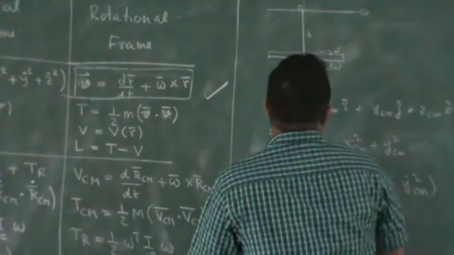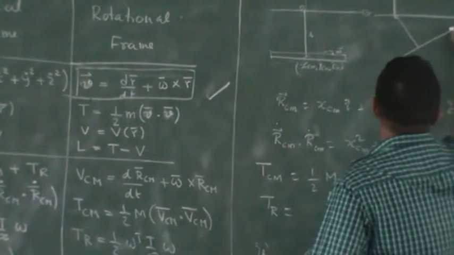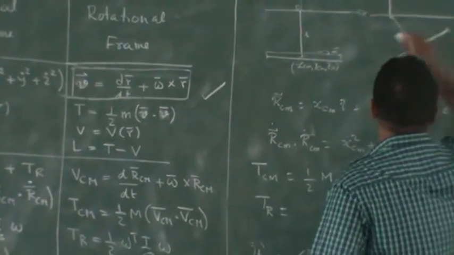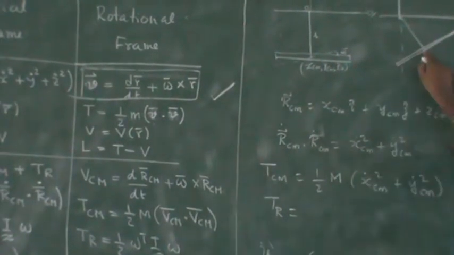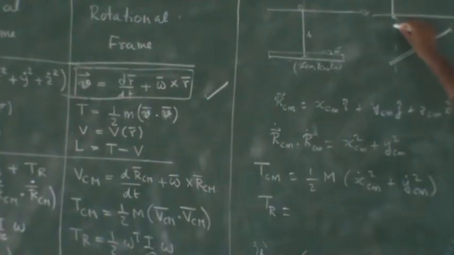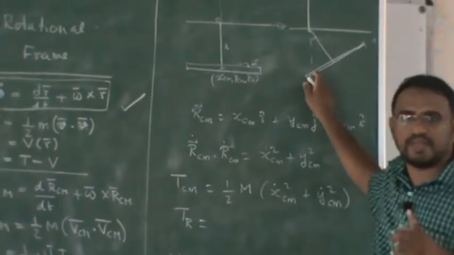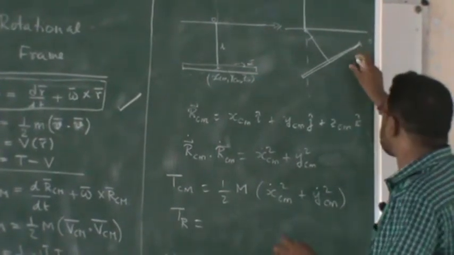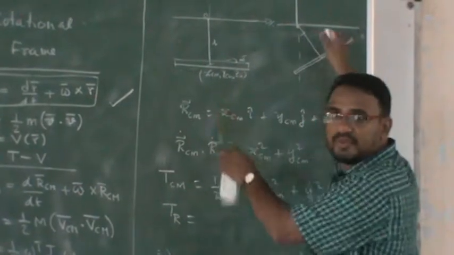So suppose this pendulum is like this. The rigid rod is going like this. Then the motion of the center of mass x, y, I can relate to the center of mass. Therefore, 1 degree of freedom, and this motion above the center of mass will be there.